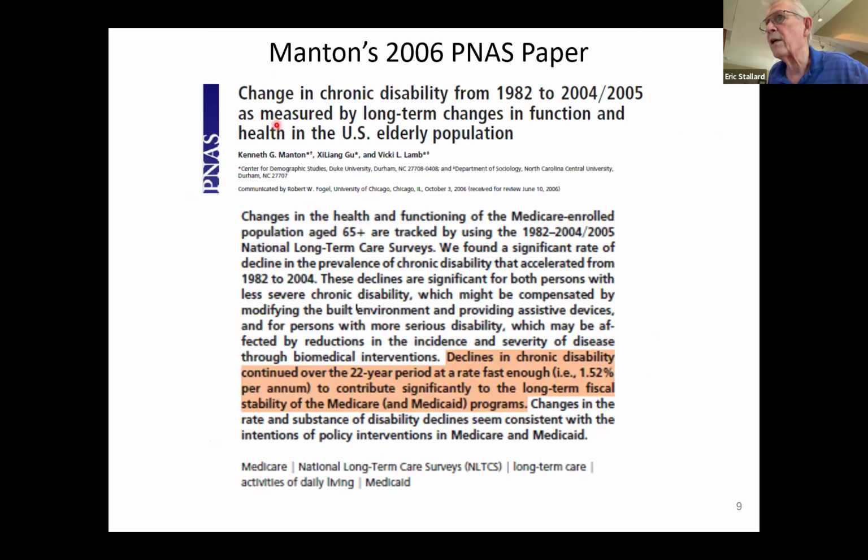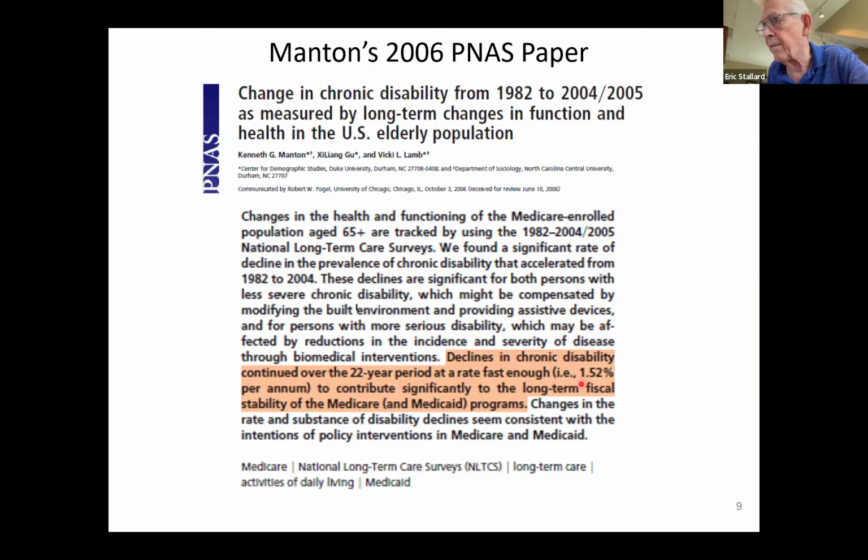Probably one of the most widely quoted scientific papers was Manton's 2006 paper in the Proceedings of the National Academy of Sciences. That's in the citations. The key result he had was that declines over the 22-year period in chronic disability were very fast, about 1.5% per year. When we started this process, we didn't know if that was going to be 0% per year.